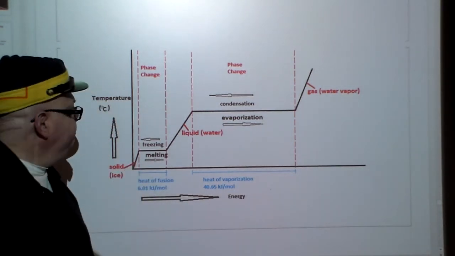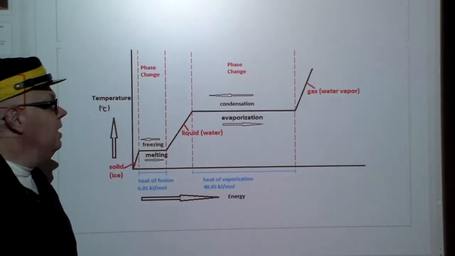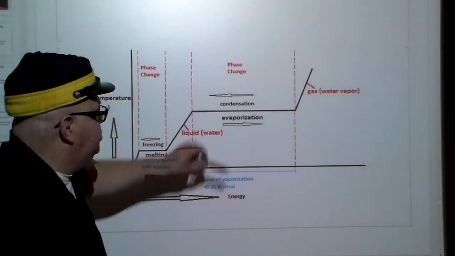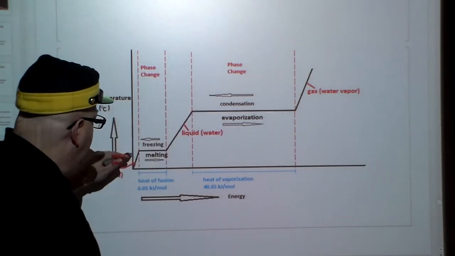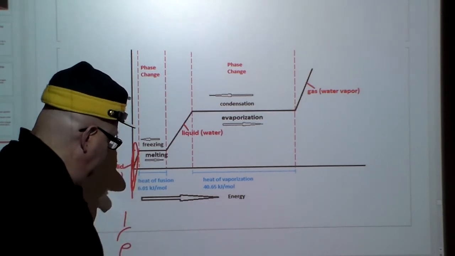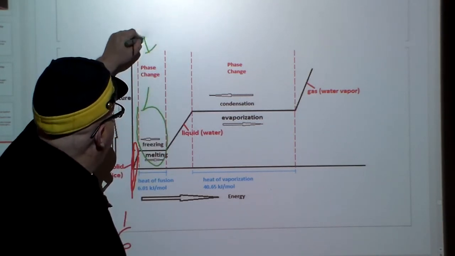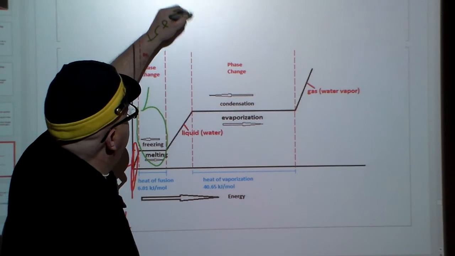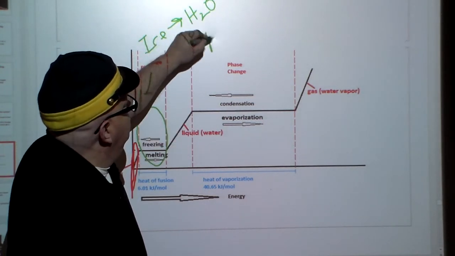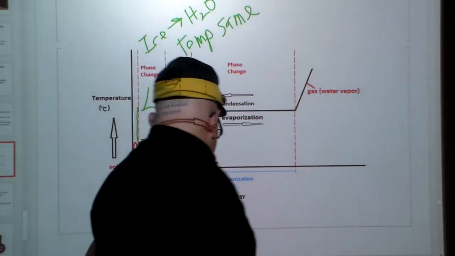When you look here, this is a temperature energy diagram, and let's say we're going to do this for water. You'll notice that you have the different phase changes in there. So right here, this is ice. But when you're looking here, this is also ice going toward liquid water, but the temperature is the same.